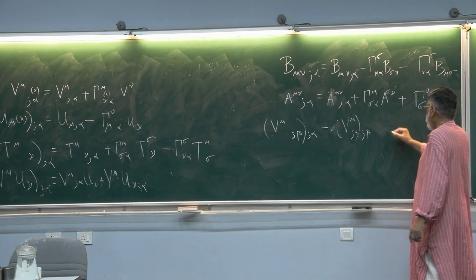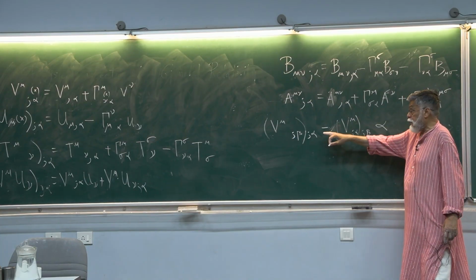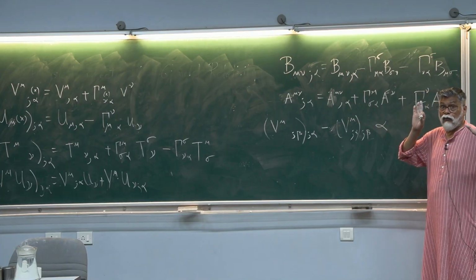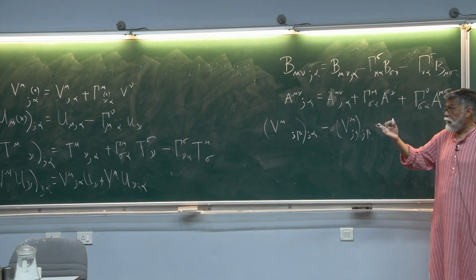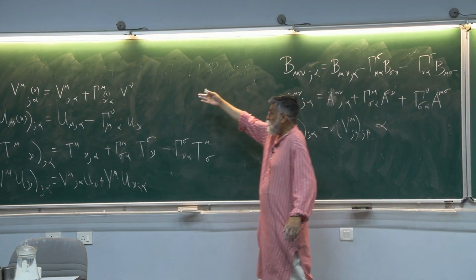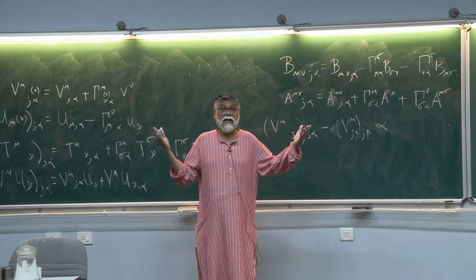You will find that, by the way, this is a proper tensor because we are using the covariant derivative. The covariant derivative ensures that you are using tensors all the time. This is a tensor, a proper tensor, this is a tensor, this is a tensor. That is what the covariant derivative assures.